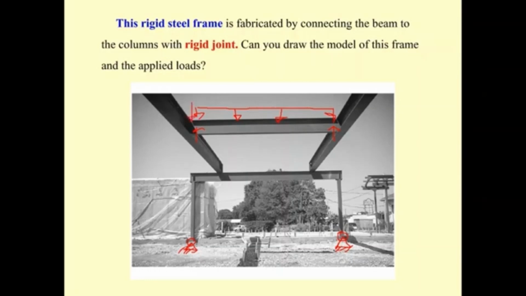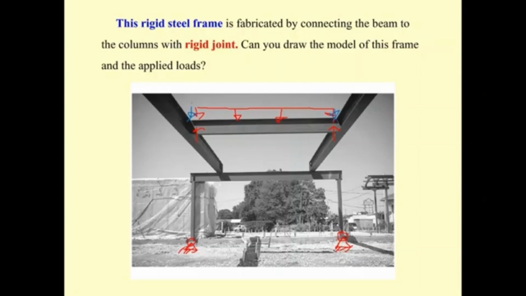Sorry, let me use another color, it's better. So take this one out, and then let you select the pin with another color. Okay, let's see this one. So the selection here will apply to this beam, and also will apply to this beam, and this beam is also subjected to what?